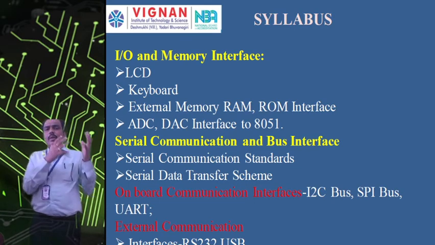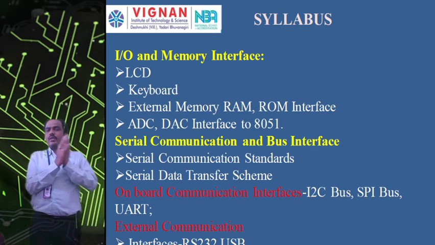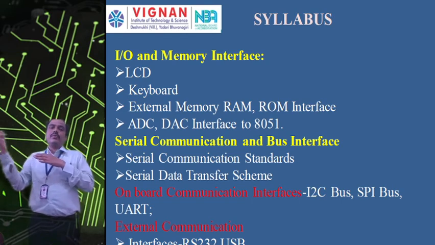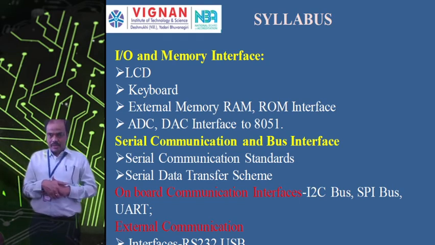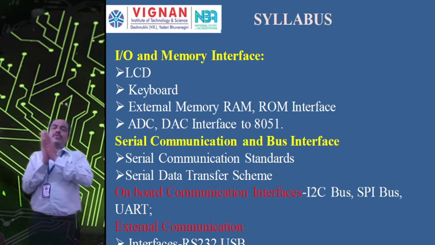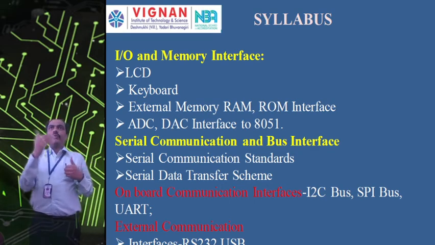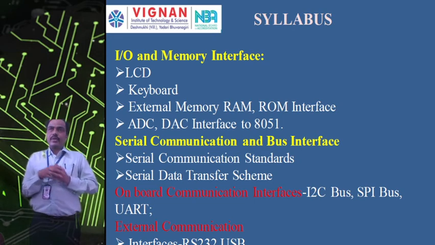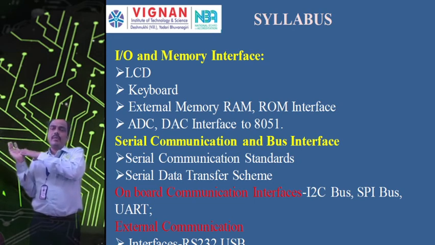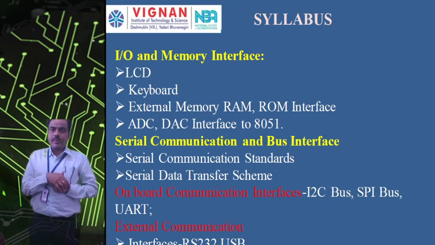Generally for some applications, the internal memory, which is 4 kilobytes of ROM and 128 bytes of RAM, is not sufficient for interfacing with external devices. Therefore, we need to interface some external RAM and ROM. And whenever you need to connect a sensor, the sensor output may be an analog signal, but our microcontroller may not receive analog.